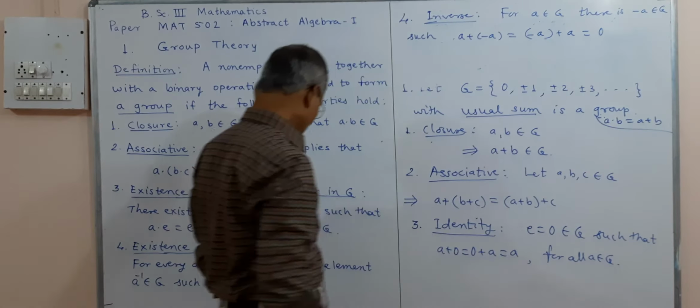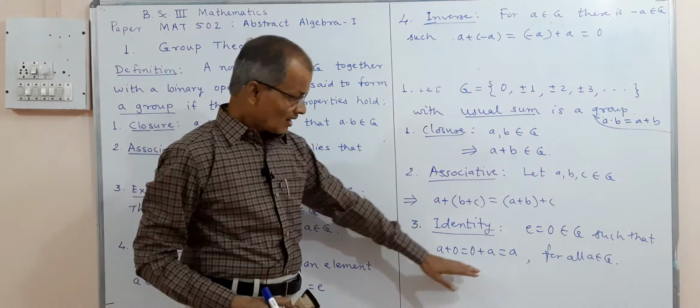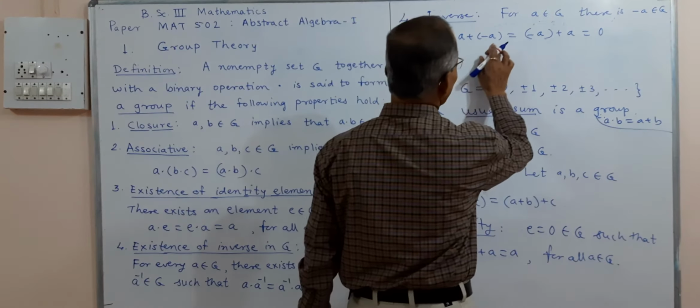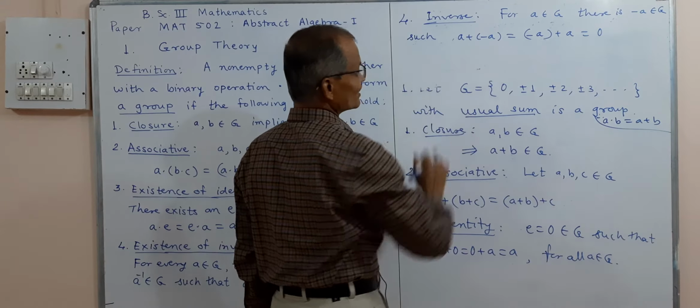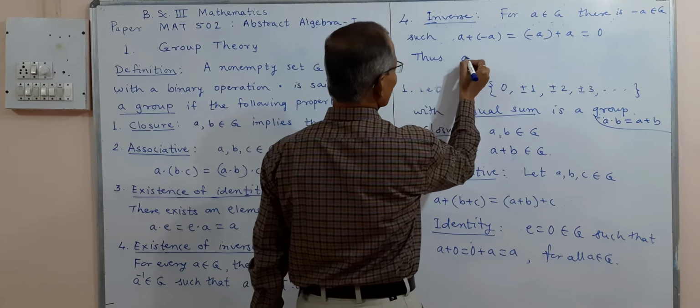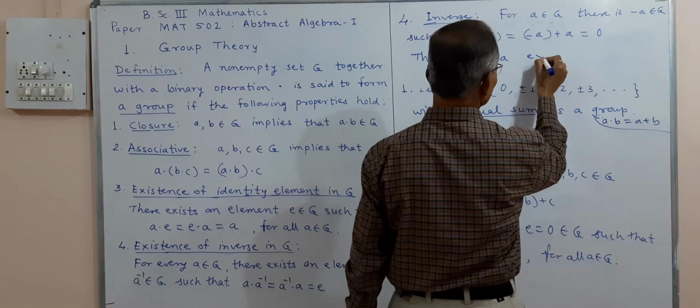Here that must result in the identity, and the identity for addition is 0. So this shows that minus a is the inverse of a. Thus a inverse is equal to minus a, and exists in G.